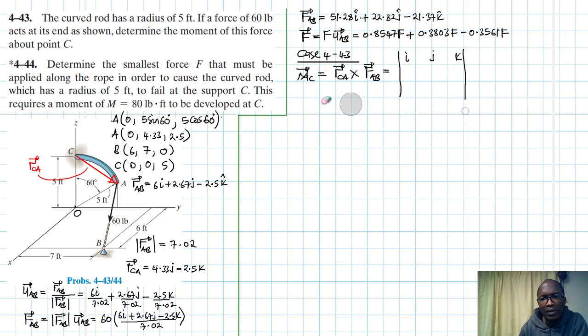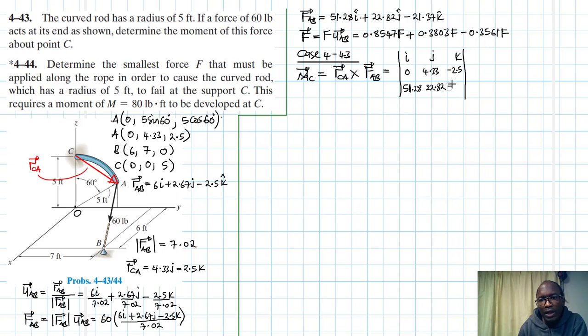RCA. What is RCA? We found it somewhere. RCA, yes, there it is. It is here. So let's just plug it in. We don't have i, so it is 0. Then j, it is 4.33, and then k is minus 2.5. Then the force AB, we have 51.28, and then we have 22.82.